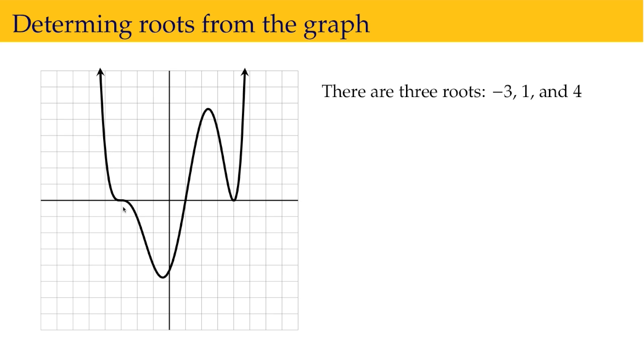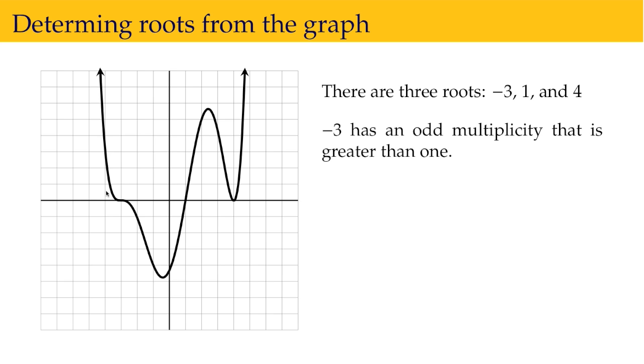Now let's look at these one at a time. -3, this has that wiggle that we were talking about, which means that the multiplicity of -3 is odd and greater than 1. There's no way to know just by looking at the graph if it's a 3 or a 5 or what have you, but I do know that it's an odd multiplicity that is greater than 1.